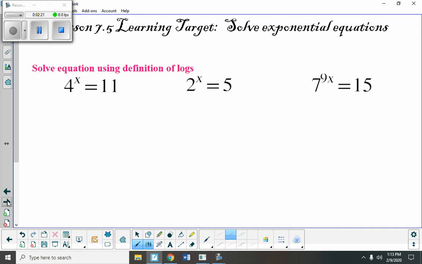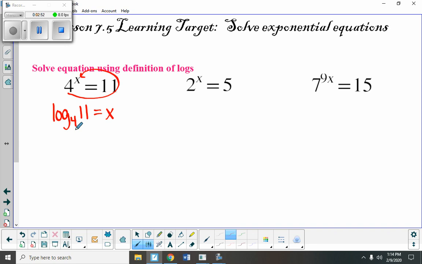So one method is to write it in the other form. When it's in exponential form, write it using the definition of log. So we'd write log base 4 of 11. So the exponent on 4 that would give you 11 is equal to x. So log base 4 of 11 equals x. And now on the left side, we have log base 4 of 11. And recently we learned that we can use the change of base formula to evaluate that.